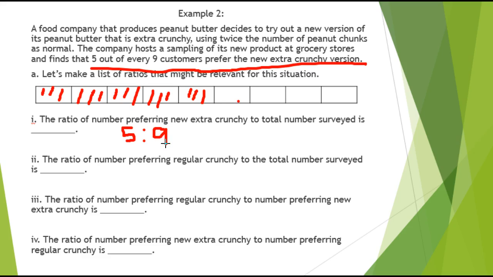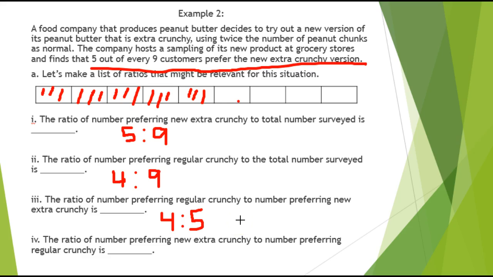Looking at 2, the ratio of number preferring regular crunchy to the total number surveyed is, well, what is left is that it likes the regular crunchy, so that gives me 4 to 9. The ratio of number preferring regular crunchy to the number preferring new extra crunchy is, so I'm looking at regular crunchy first, so I have 4 that was regular crunchy, and the new extra crunchy was 5, so I have a 4 to 5 ratio.